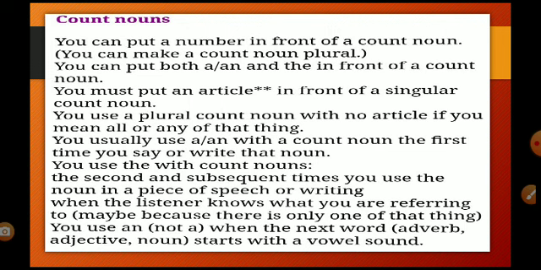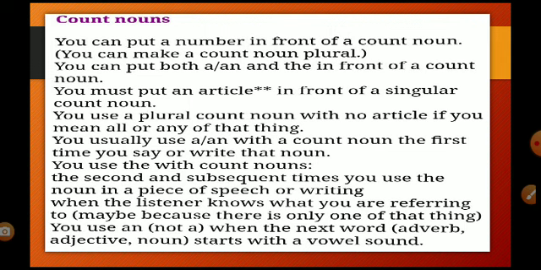And also you need to remember, you usually use a or an with a countable noun the first time you say or write that noun. So when you are discussing any countable noun for the first time, you use a or an.